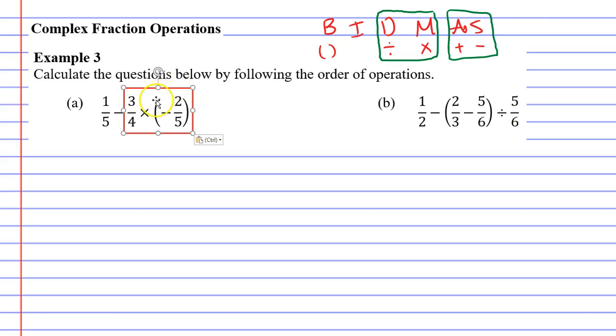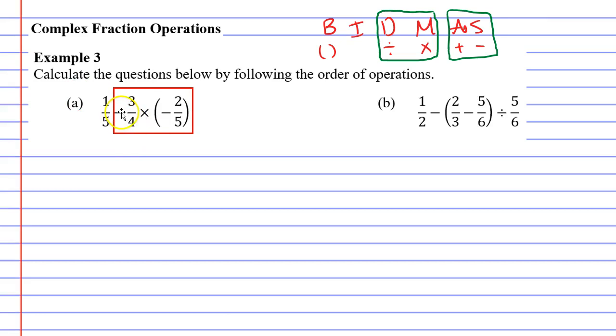Now I can actually extend the red rectangle here if I choose to, and make this so it says -3/4 times -2/5, or I can put it back to where it was and then it's just +3/4 times -2/5. It doesn't matter which way I do it. In fact, I'm going to show you both ways and show you that both of these work.